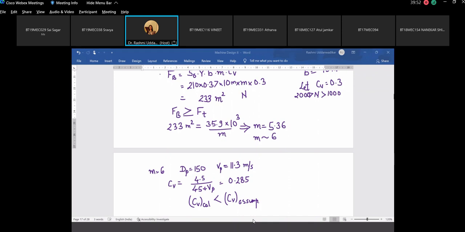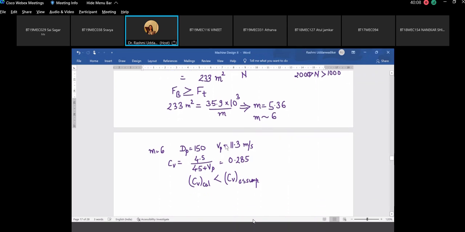So the higher the value of CV, the better the beam strength. The lower the value, the lesser the beam strength. That is the meaning of the value of CV. Okay, so this is just for understanding, and this is also giving you the velocity range in the class 2 category of gear.